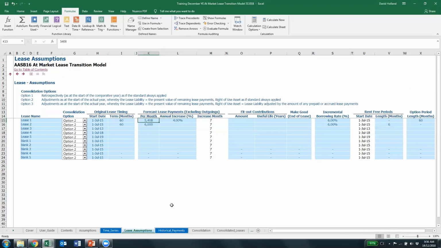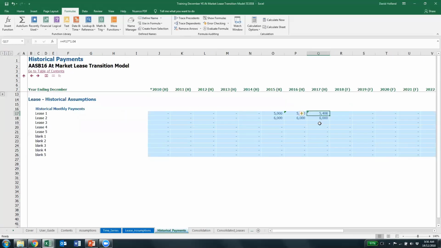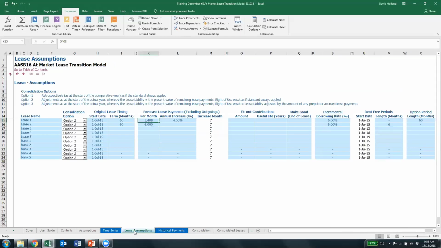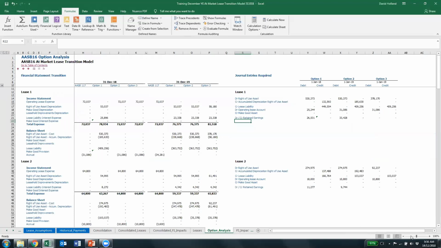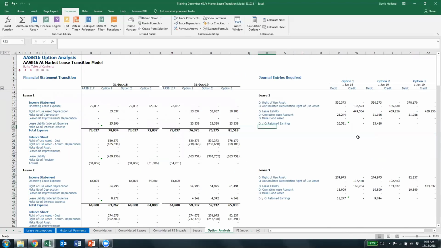So therefore, December 17 to January 18 has no difference. So the per monthly payment, 5,408, is the same as the closing payment. So if you've done that, then you should be able to go across to the option analysis tab and get these same figures for options 1, 2, and 3, for leases 1 and 2, and the same balance sheet.